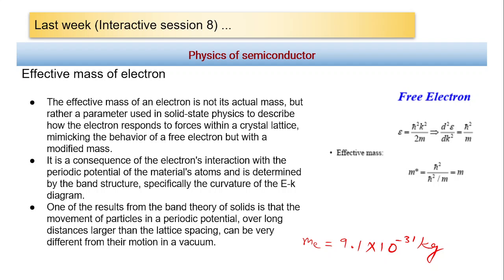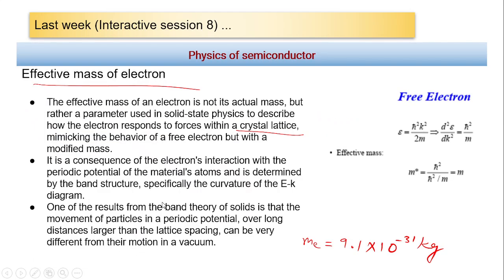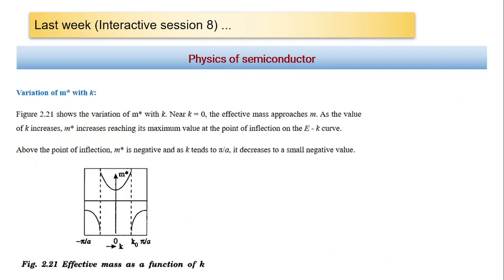Because of the interaction of the electron with the crystal lattice, there is a change in the effective mass of the electron. As a result of the interaction between those free roaming electrons and the lattice atoms or ions, the electron's mass can become positive or negative depending on the wave vector. So this concept of effective mass got introduced.